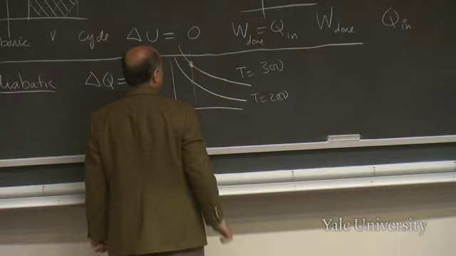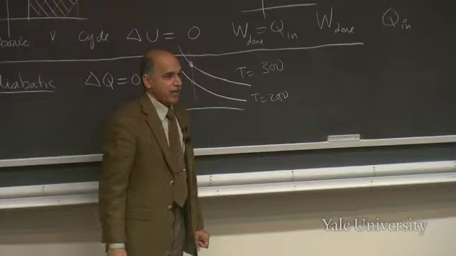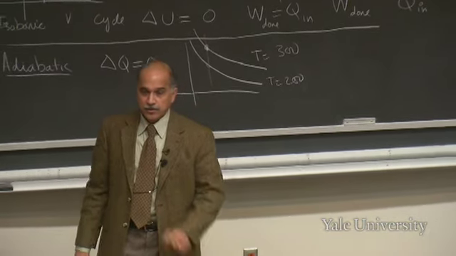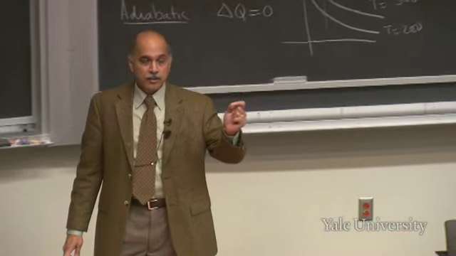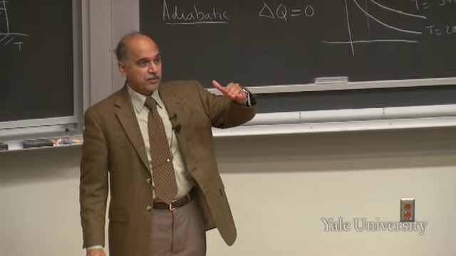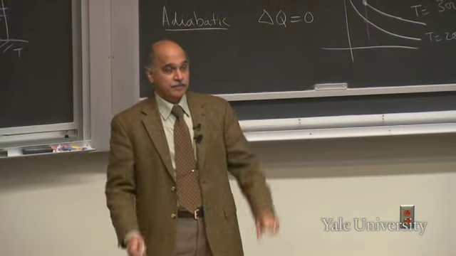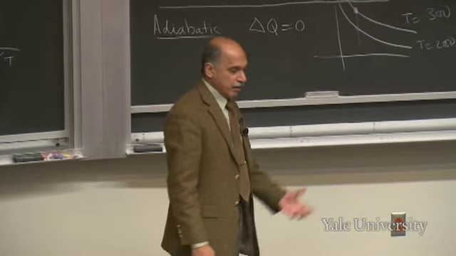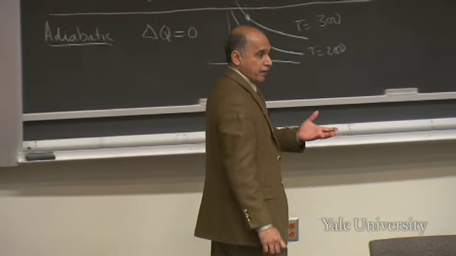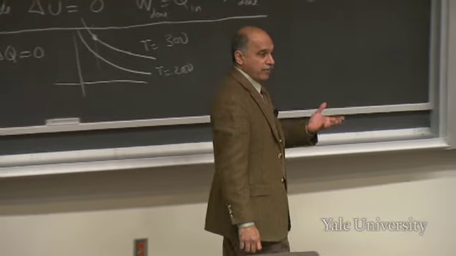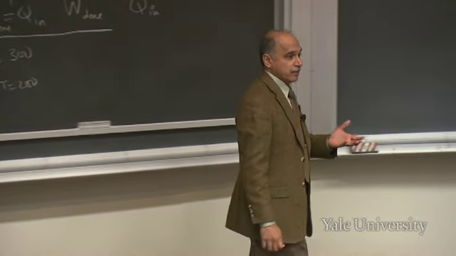If I start here, now I let the gas expand adiabatically. That means I pull out the grains of sand, the gas expands against the atmosphere, but no heat is allowed to come in. Think about what that means. Gas is pushing the piston. Gas is doing some work. It will pay for it through its own internal energy.